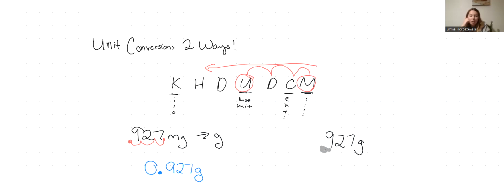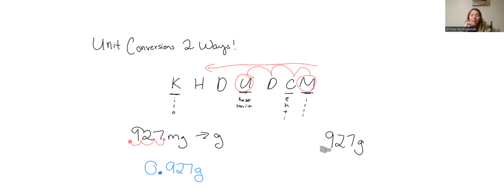So if you were just looking at that super quickly and you did not see that there was a decimal there, then you could perhaps think that instead of 0.927 grams of reagent, you needed 927 grams of reagent. And if you needed 0.927 grams, but you used 927 grams, you're going to have a lot of waste. We do not like to waste things.